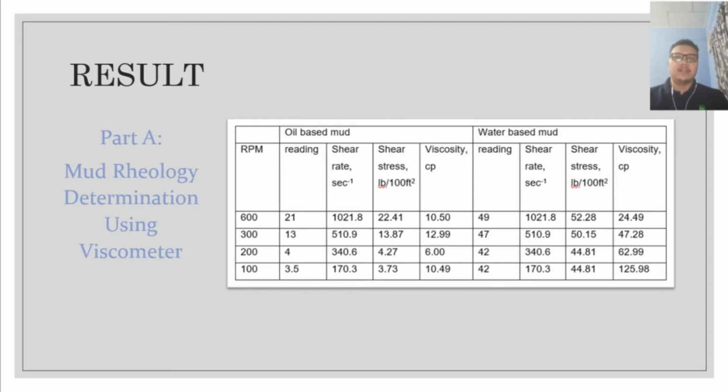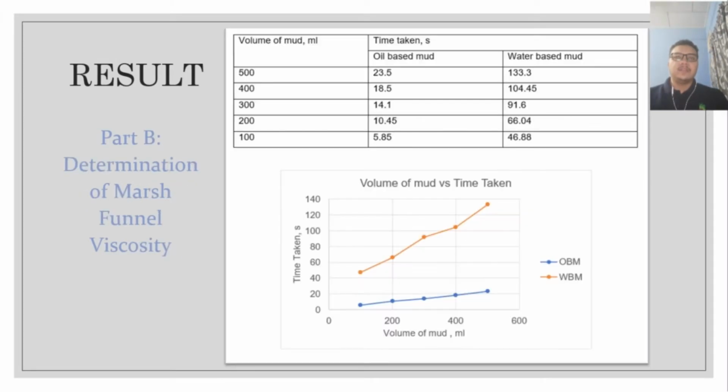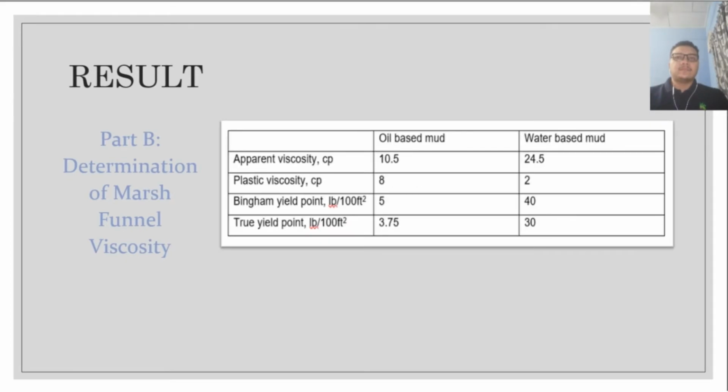This is the calculated result. And then next, the result of part B, determination of Marsh funnel viscosity. And also here, we can see the graph of the volume of mud versus time taken for oil-based mud and water-based mud. And here are the results for apparent viscosity, plastic viscosity, Bingham yield point, and true yield point for both oil-based mud and water-based mud.